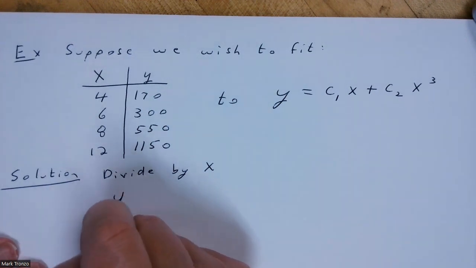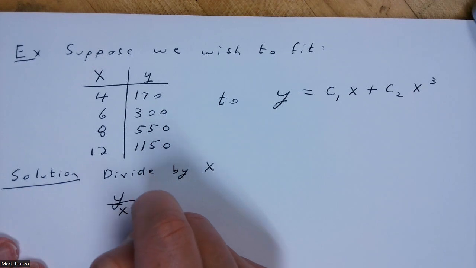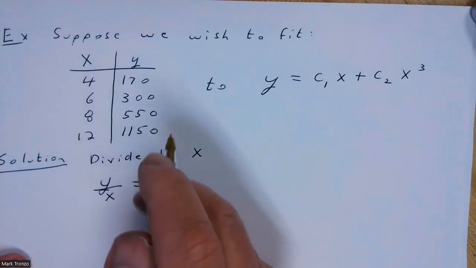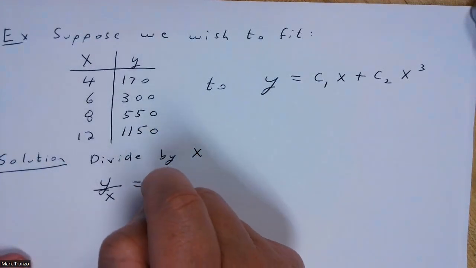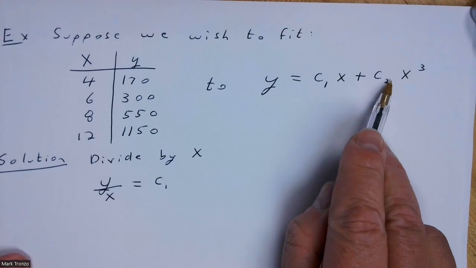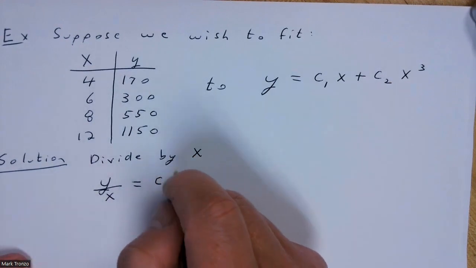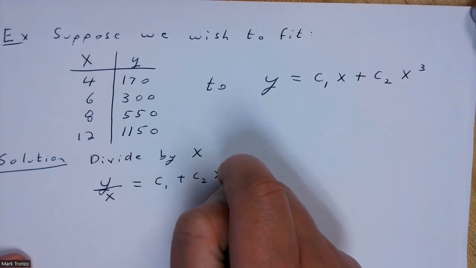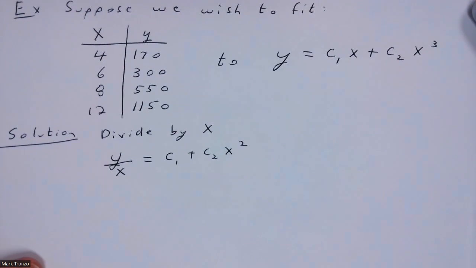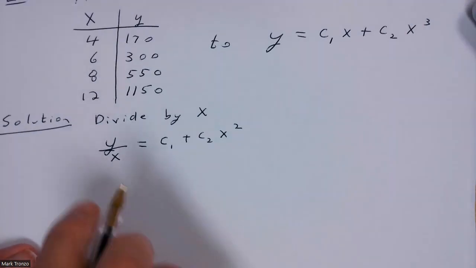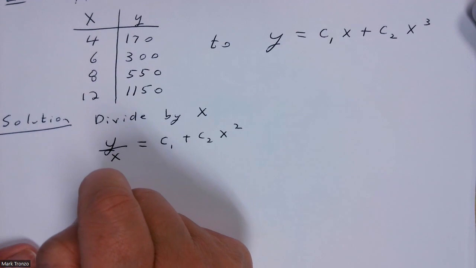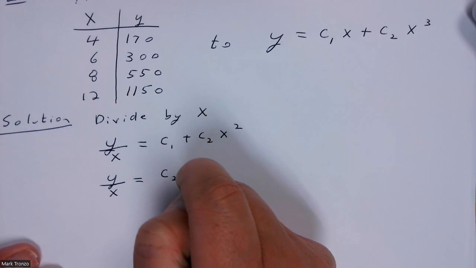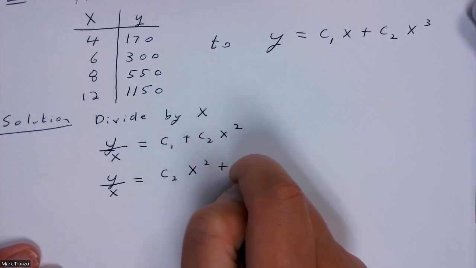That gives us y over x equals, and this will just be a constant, say C1. Then we divide this over here, plus C2 x squared. Or if you want to rearrange it like I had it a minute ago, y over x equals C2 x squared plus C1.